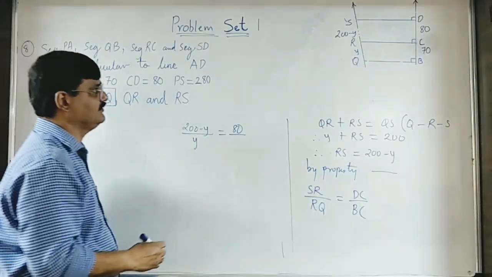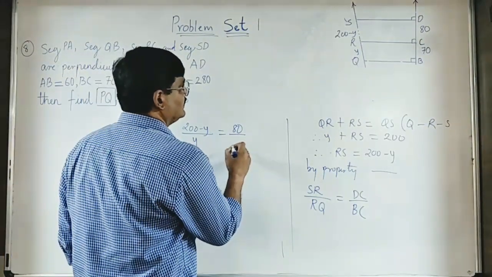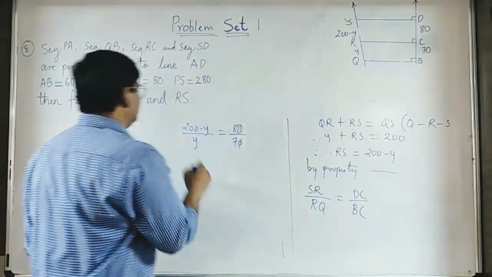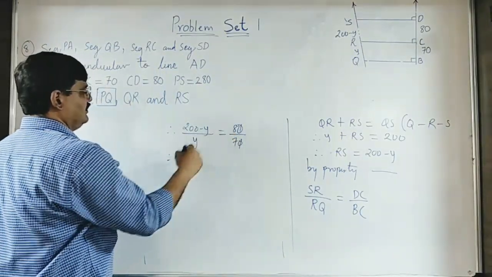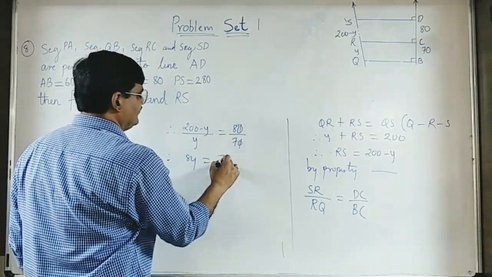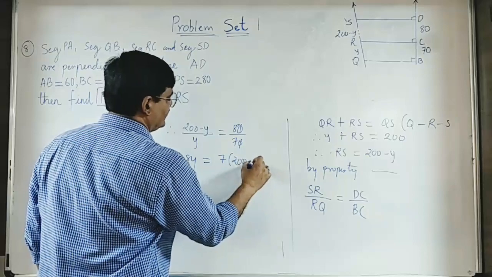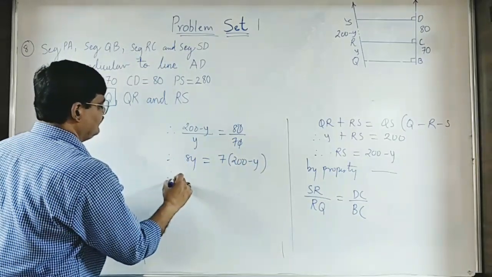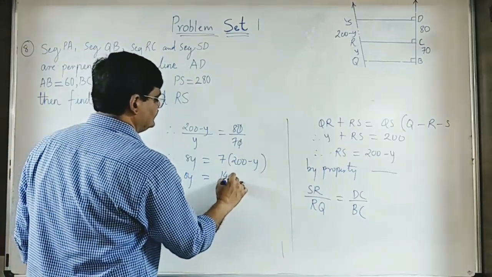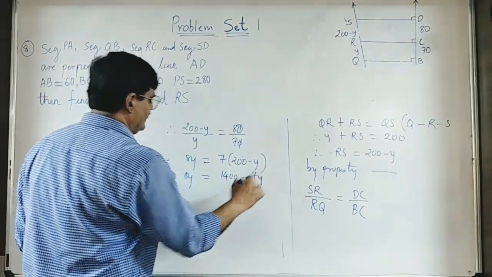The value of CB we have over here is 70. Now 10 will get cancelled, and therefore 8 will go and multiply with y, and 7 will go and multiply by 200 minus y. So you will be getting 8y is equal to 1400 minus 7y.